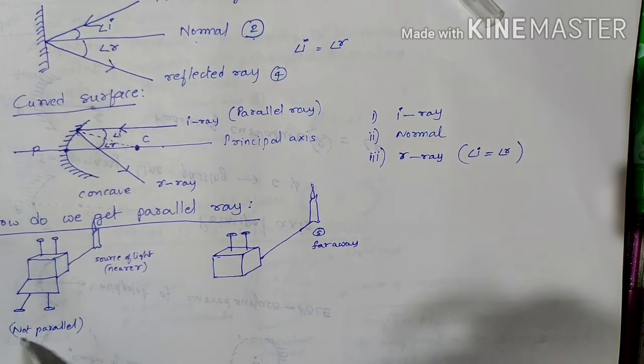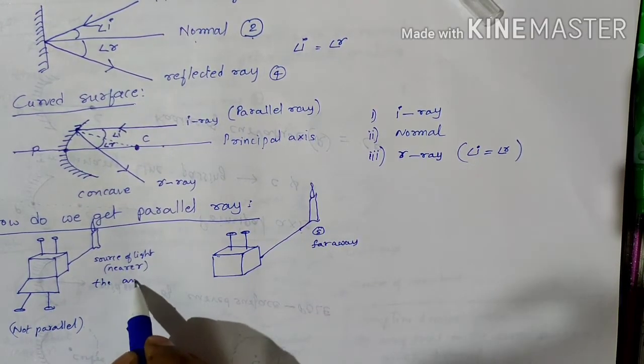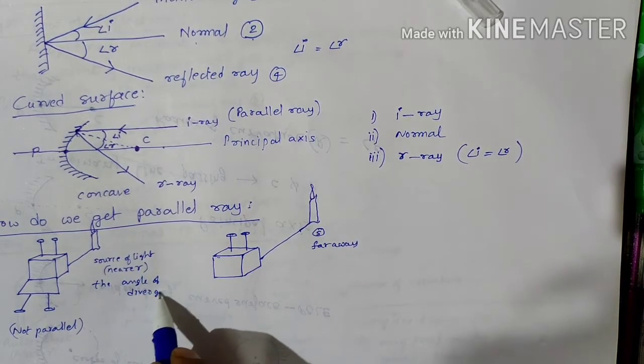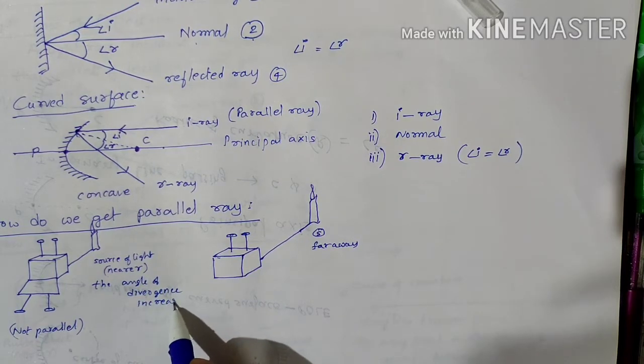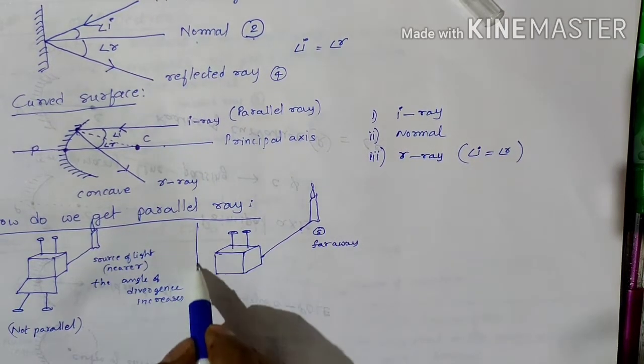The reason is that when the source of light is kept near, the angle of divergence increases. This is the reason we don't get parallel shadows; we get non-parallel shadows.